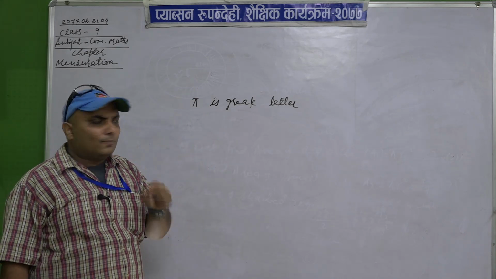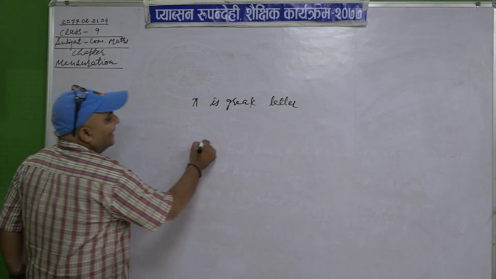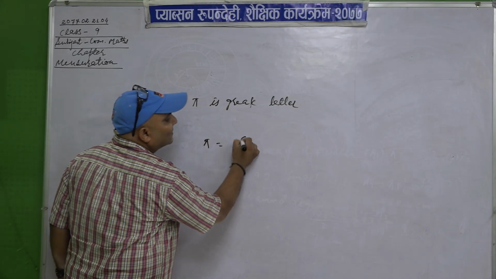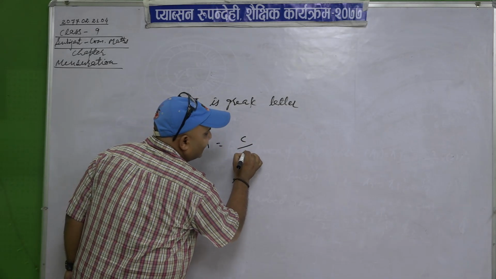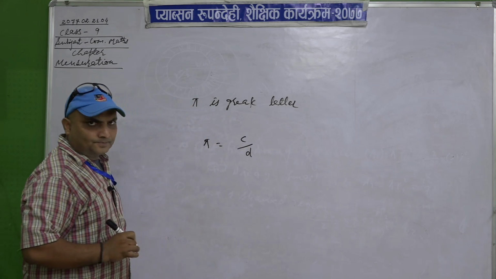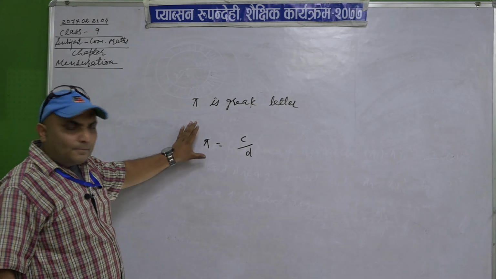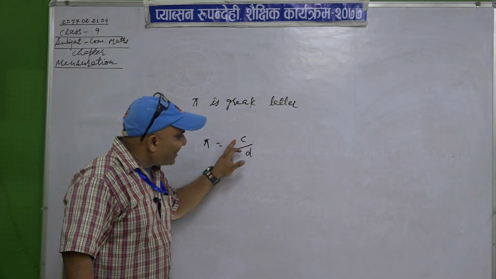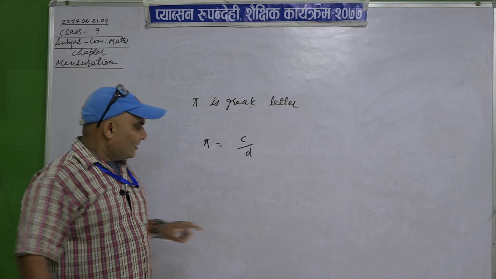In circles, pi is the ratio of the circumference of the circle and the diameter of the circle. What is pi? Pi is the ratio of circumference and diameter of the circle.